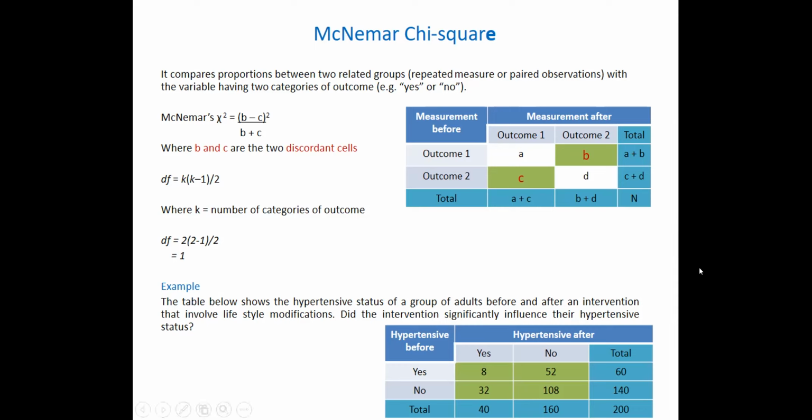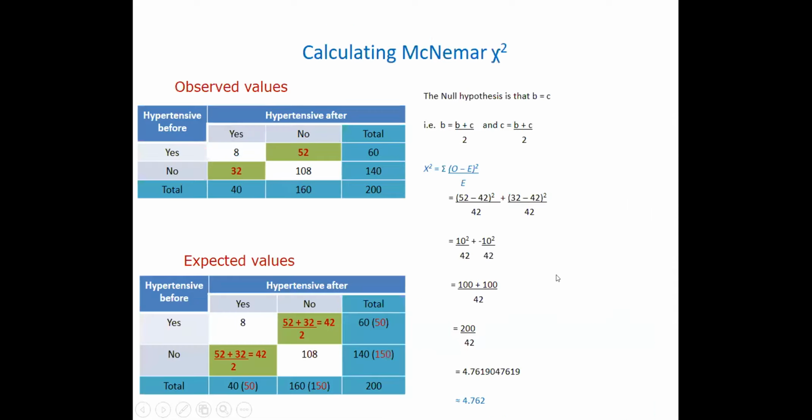Look at the first table I have here, and try to explain it. Outcome 1 here is yes, hypertensive. Outcome 2 is no, not hypertensive. Then here is the same thing. This one is before. The vertical one is after. Outcome 1, outcome 2, yes, no, hypertensive.